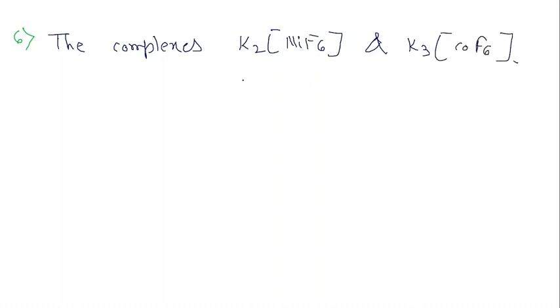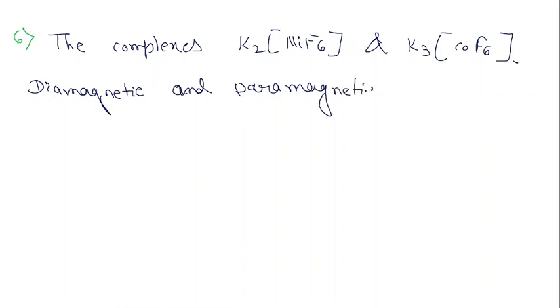Now we have to find which one will be diamagnetic and which one will be paramagnetic. Now how can we solve it? Anyone can tell. We already solved this kind of question. The first question in today's class was a similar type of question.